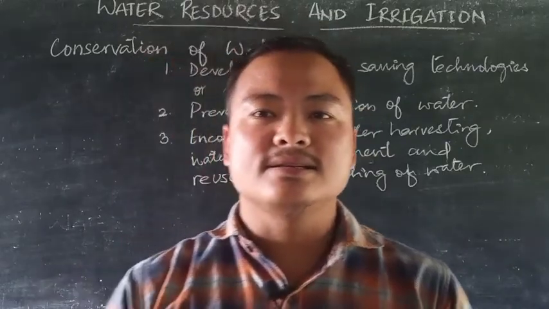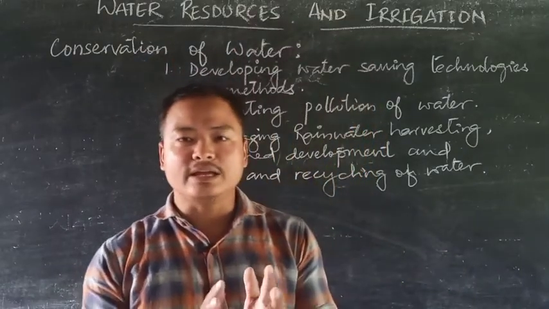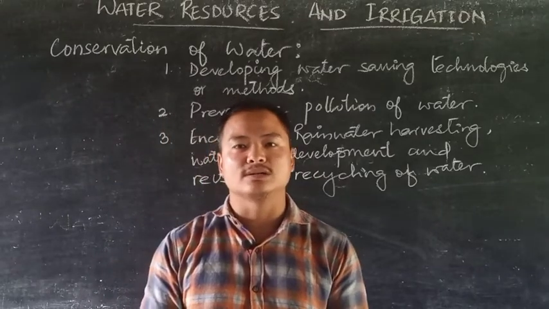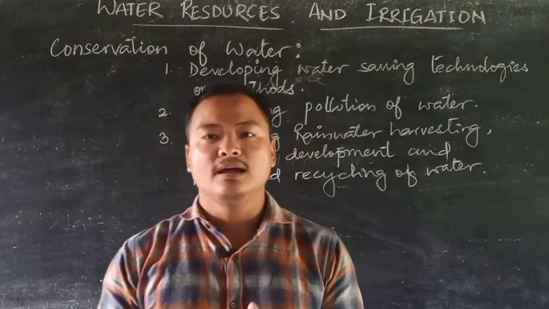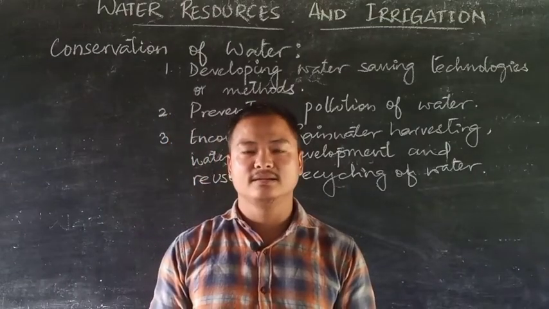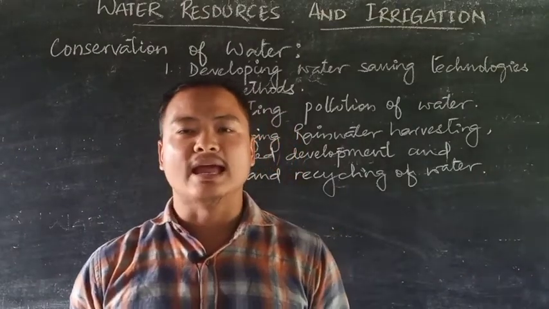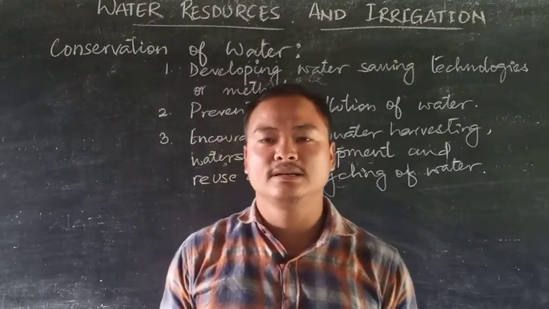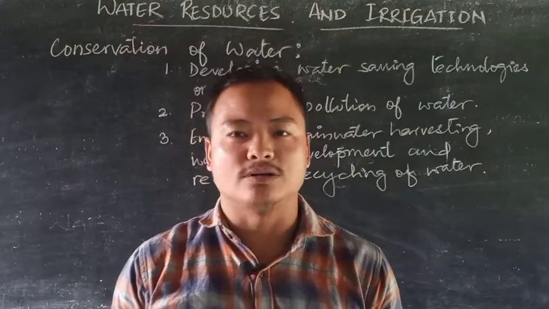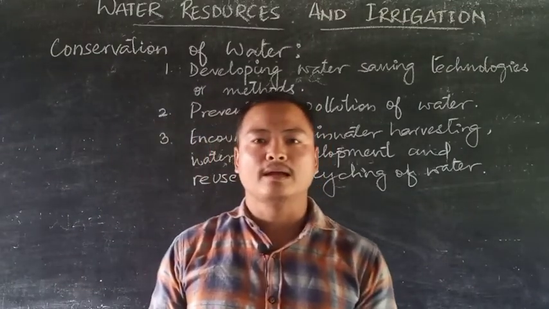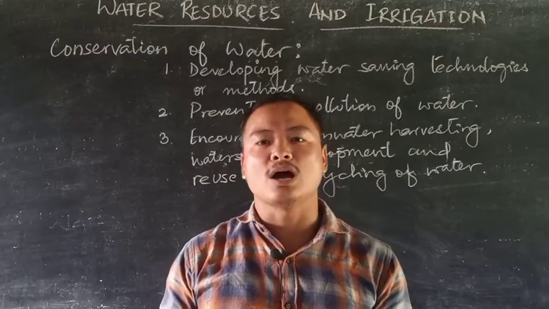Now let us discuss the techniques of conserving water, that is rainwater harvesting, watershed management, and reusing and recycling of water. Let us first discuss the prevention of water from pollution. How can we do it, or how is it done?